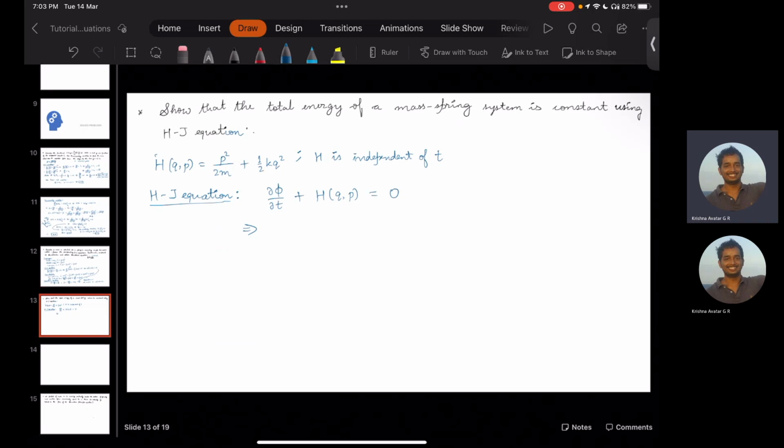So what we are dealing with is a conservative system, and that follows just from the fact that h is independent of t. So this implies that del phi by del t is equal to minus h(q, p). Now, mind you, this is independent of t, not a function of t. This may or may not be a function of t; in general, it is a function of t.